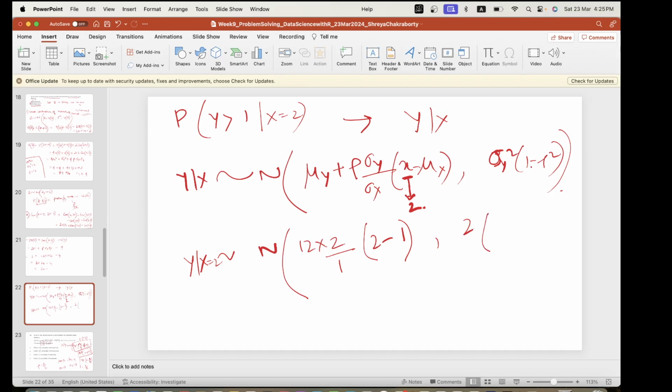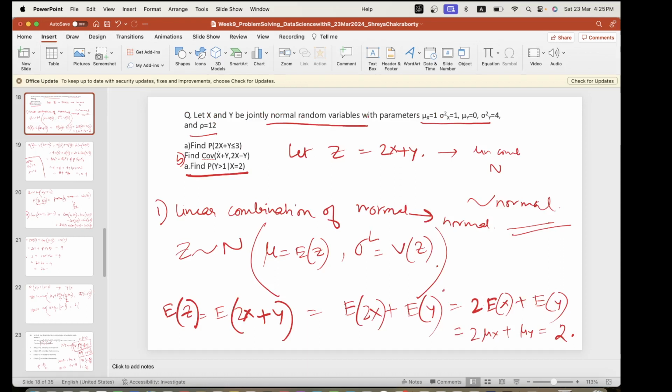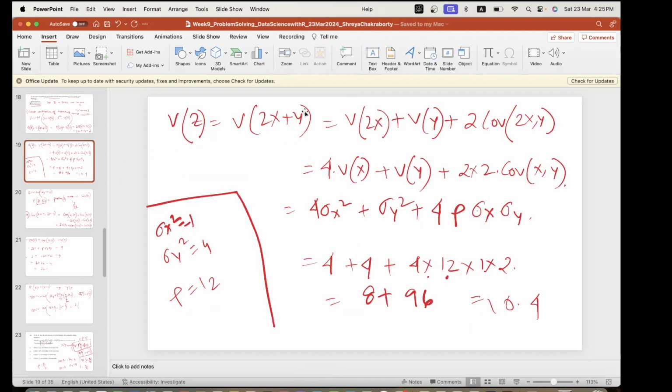Oh, okay. Rho cannot be 12, it should be 1 by 2. I'm sorry, I must have missed this one. Extremely sorry. This would be 1 by 2, because rho has to lie between minus 1 and 1. It cannot exceed 1, right? This was a typo from my end, extremely sorry. So the value of rho would change.